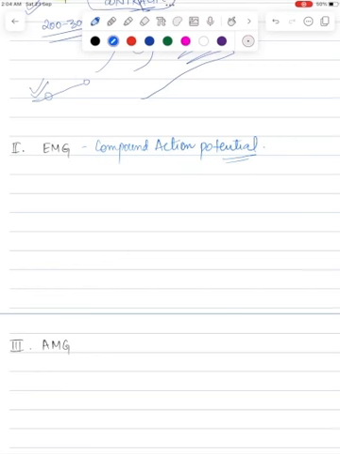So the more acceleration that is produced by the thumb, the greater the force generated. When you are measuring AMG, the thumb has to be freely moving. You cannot fix the thumb. This is in contrast to MMG, where you had to apply a preload. In AMG, the thumb has to be freely moving.